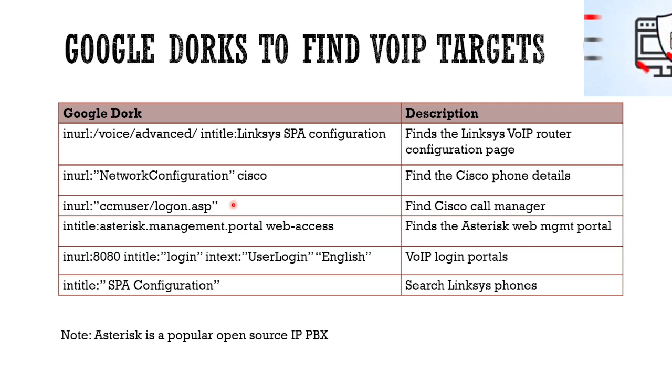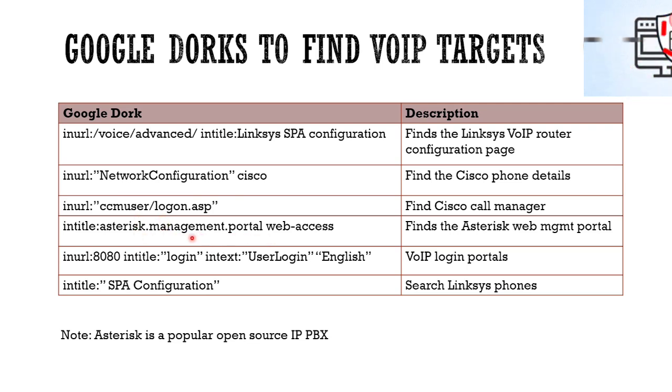Or there's another product called Asterisk, and that's actually open source. Find the web portal for an Asterisk version. I have installed Asterisk VoIP systems and Asterisk PBX. Or find some VoIP login portals, or search for Linksys phones.